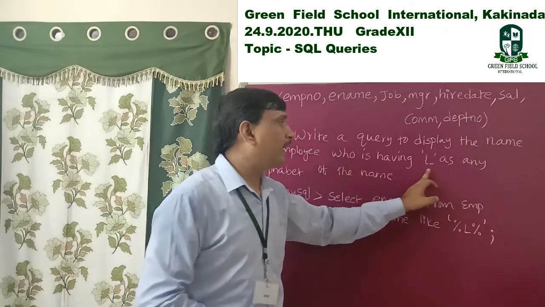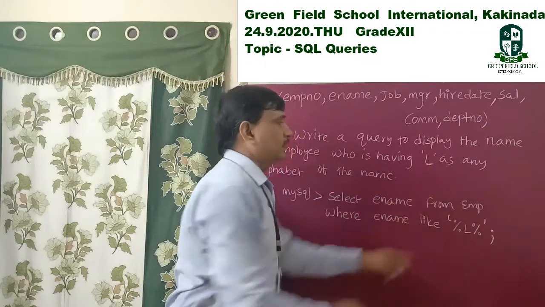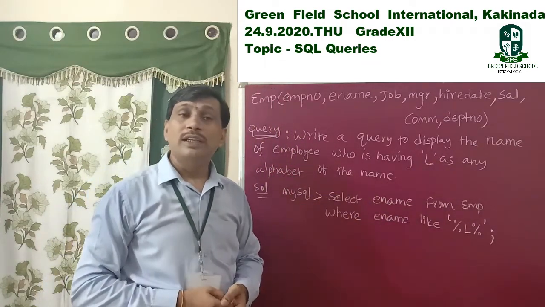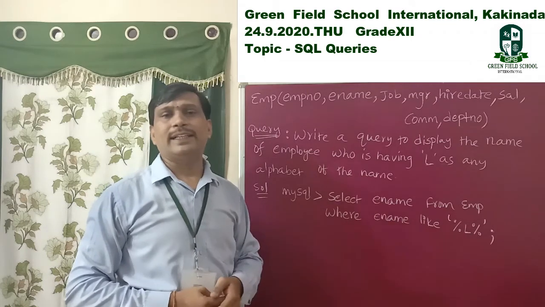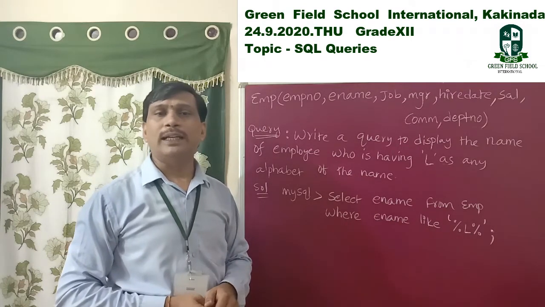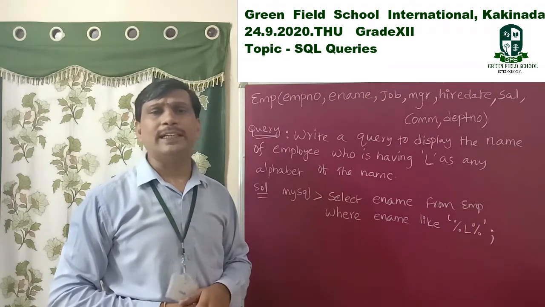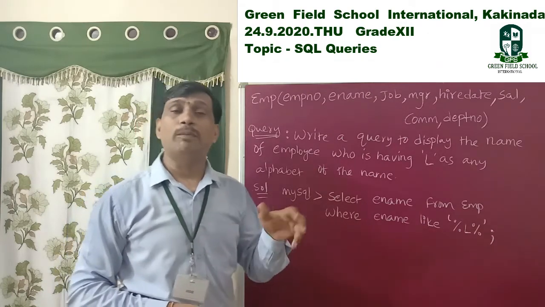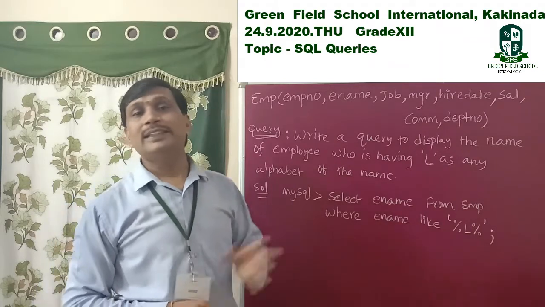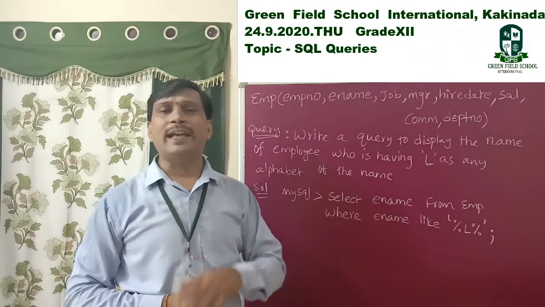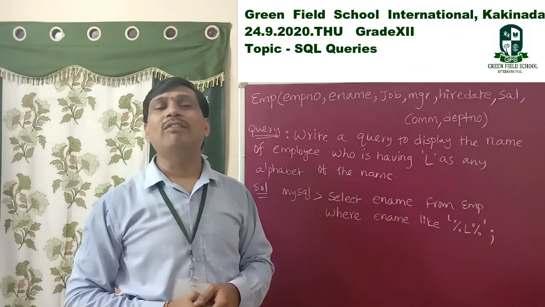So capital L as any alphabet of the name. Capital L can be any character of the employee name: first character, second, third, or even the last character is valid.